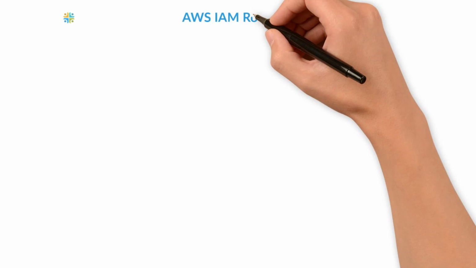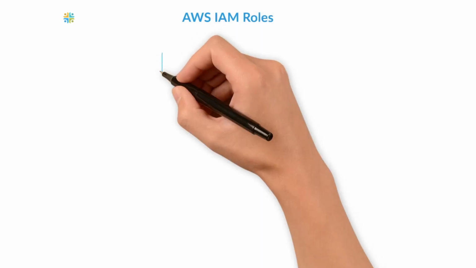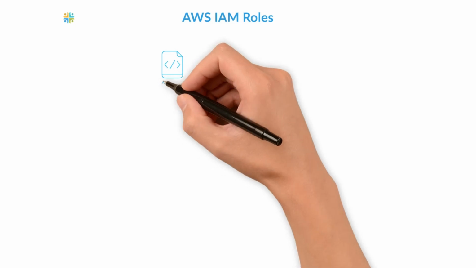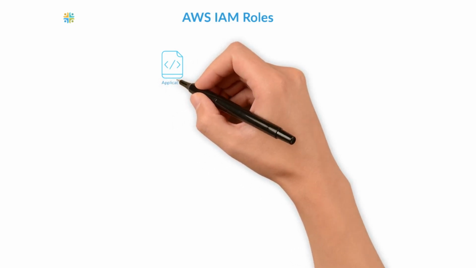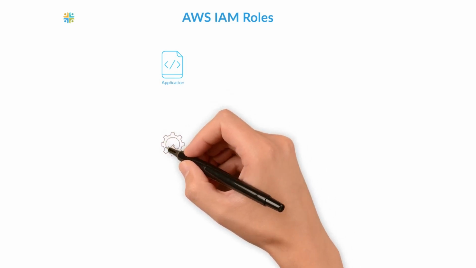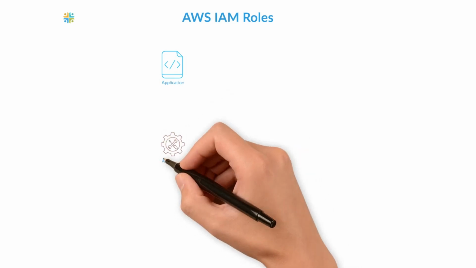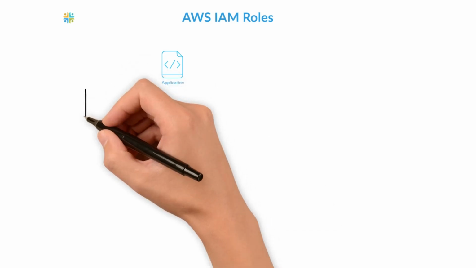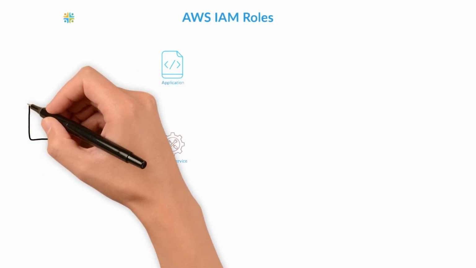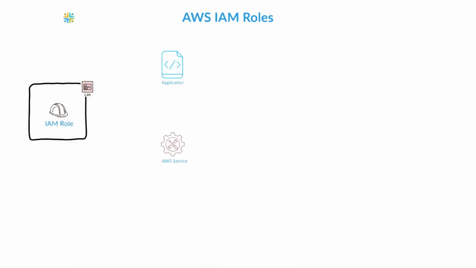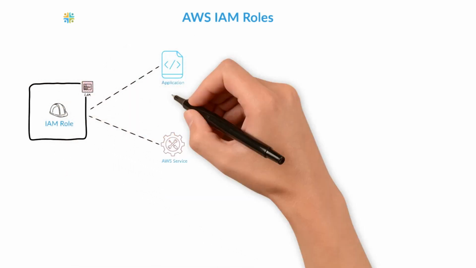The next feature we will talk about is IAM roles. Remember when I said applications and AWS services need authentication and authorization to gain access to AWS services? Because again, underneath everything is computers connecting and communicating with one another? Well, you can provide access to applications and AWS services via an IAM role.